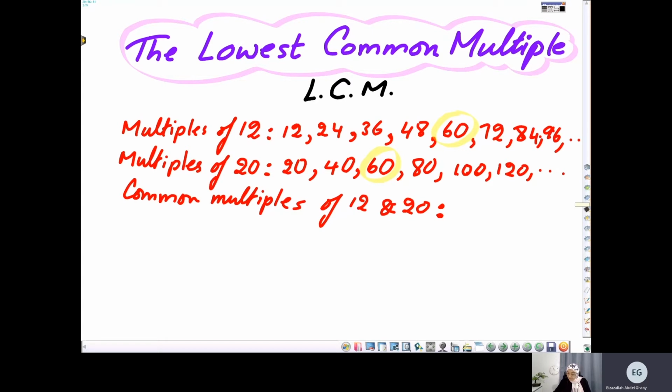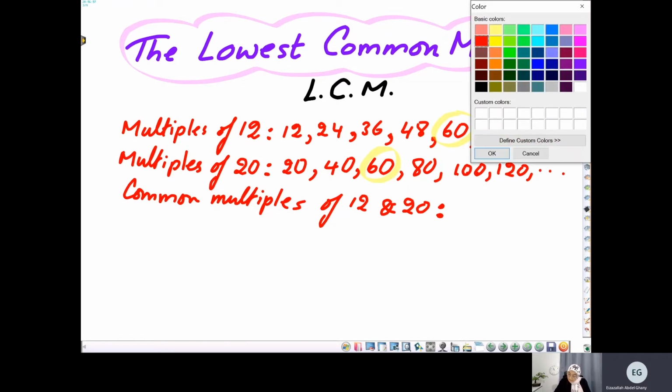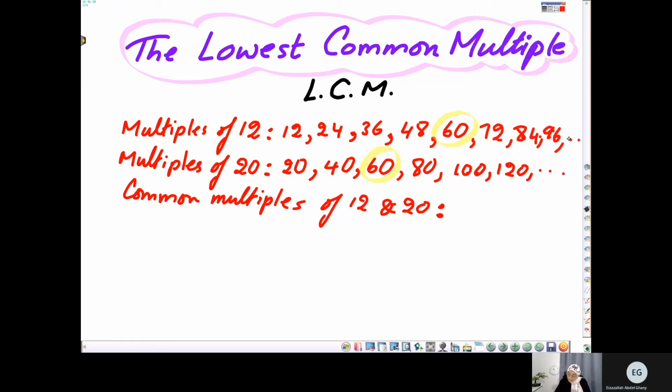I can find here, if I complete it, 108. And also 120, and so on. So 60 is a common multiple, and 120 is a common multiple.